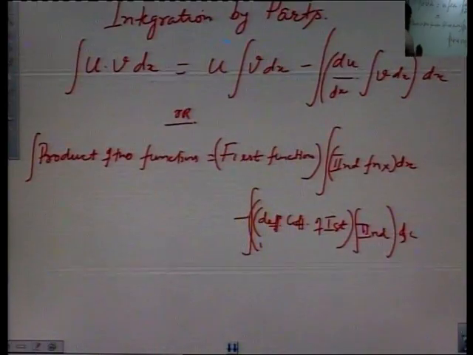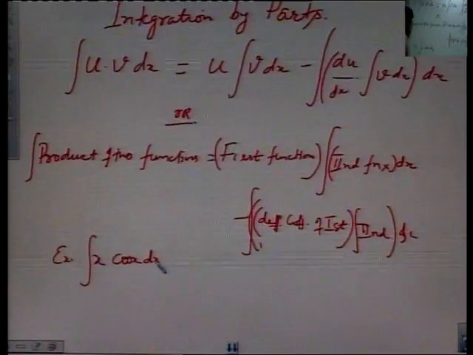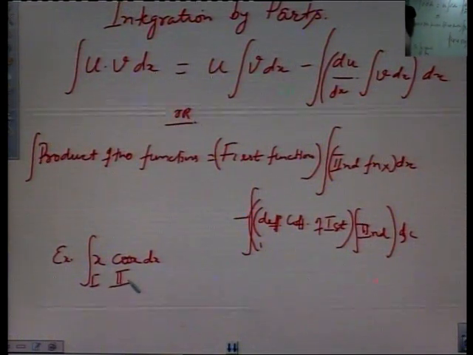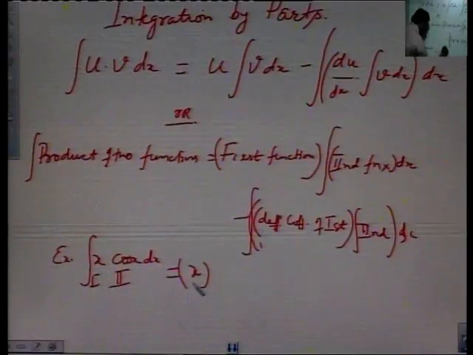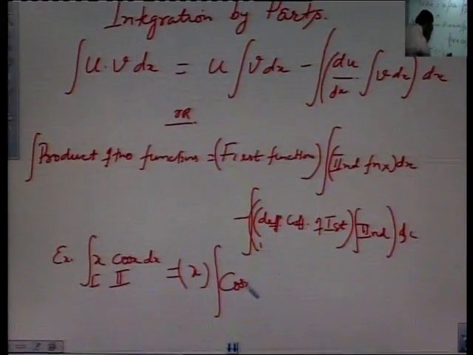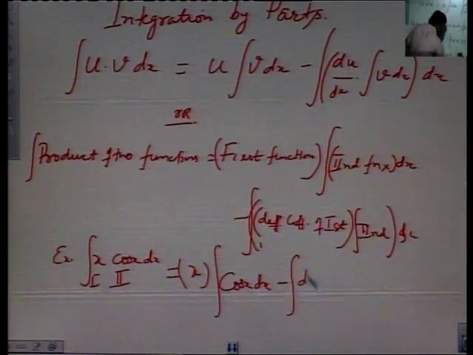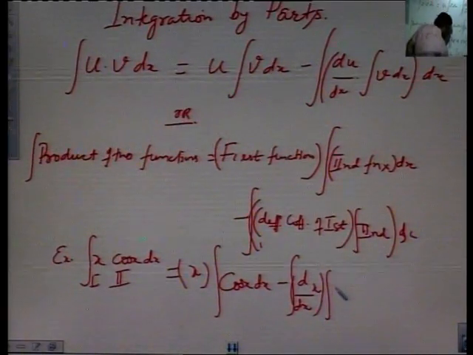Now, for example, if we have an integral of the type x into cos x dx, then if we take this one as our first function and this one as our second function, its value will be first function, that is x, into integral of second function, that is cos x, minus whole integral of derivative of first function into integration of second function.